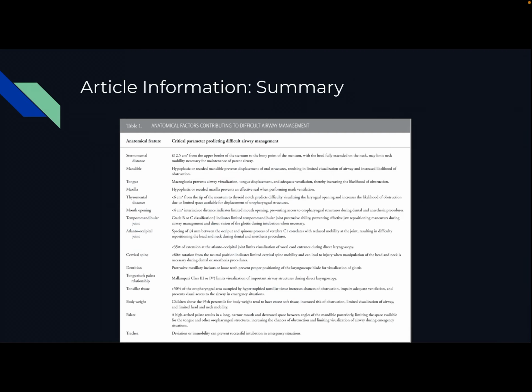For tonsillar tissue, greater than 50% of the oropharyngeal area occupied by hypertrophied tonsillar tissue increases chances of obstruction, impairs adequate ventilation, and prevents visual access of the airway in emergency situations. For the tongue, macroglossia prevents airway visualization. There can be tongue displacement. This thereby increases the likelihood of obstruction as well.